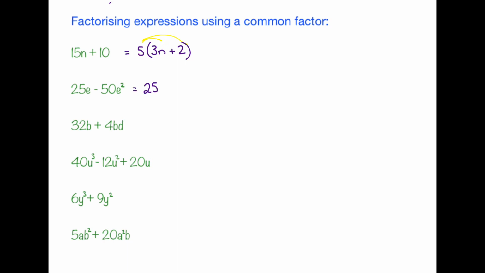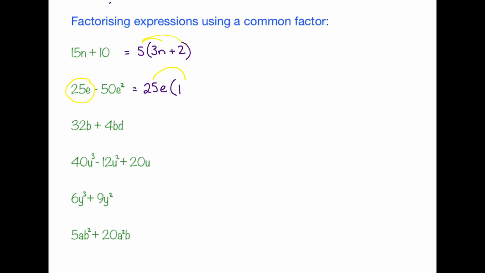So we put 25e as the highest common factor outside the bracket, and then we need the partners inside the bracket. So 25e times this has to give us 25e. So that must just be 1. 25e times 1 is 25e.